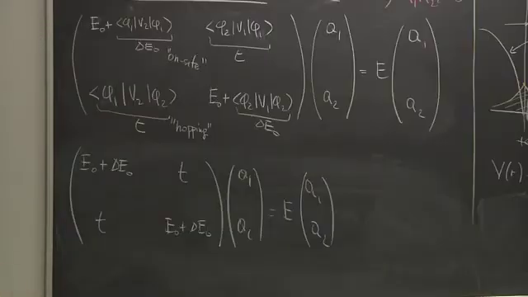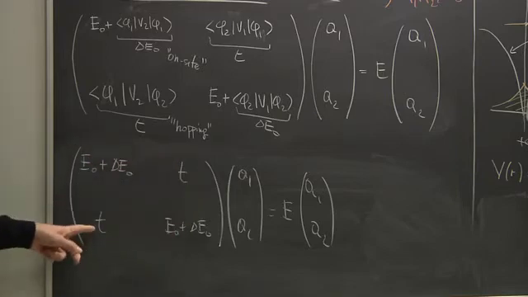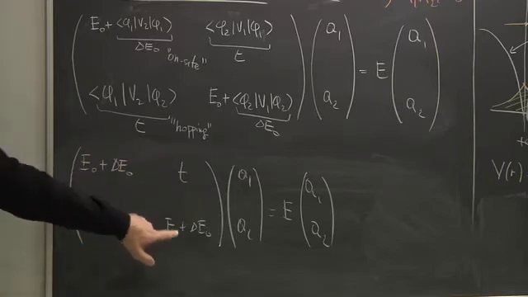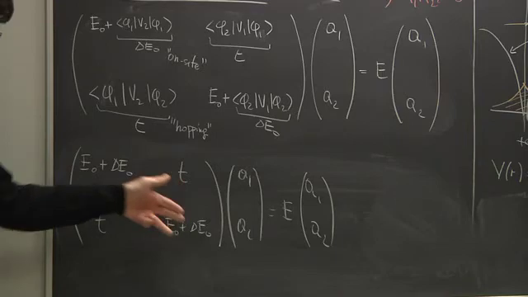Okay? So now it looks even simpler. This 2 by 2 matrix is of the form A, B, B, A. Very simple. Hermitian, same numbers on the diagonal.